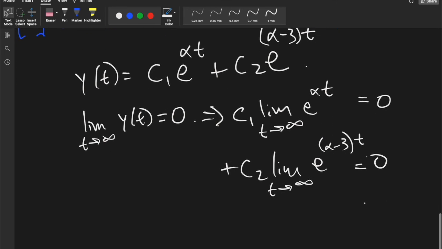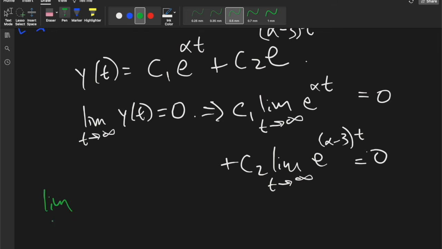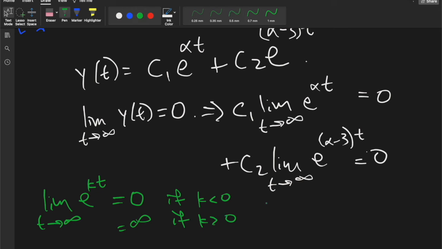So what that means is we have the limit as t approaches infinity of e to the kt. Well, this approaches 0 if k is less than 0. And then it approaches infinity if k is greater than 0. And if we want this to be equal to 0, we want both alpha and alpha minus 3 to be less than 0.